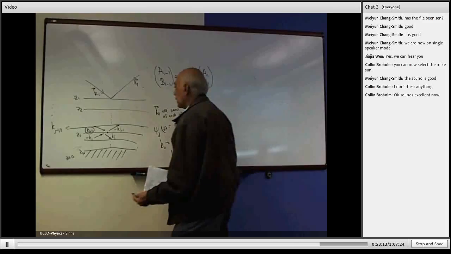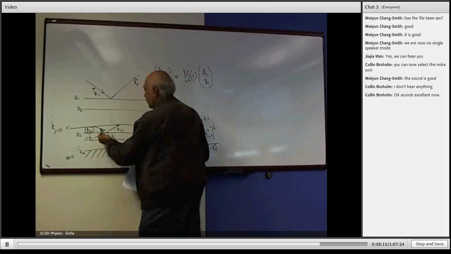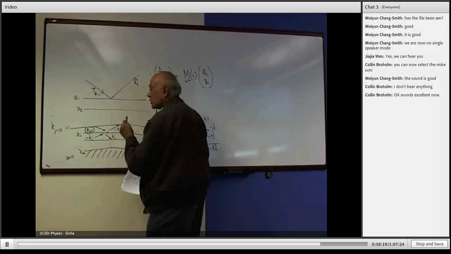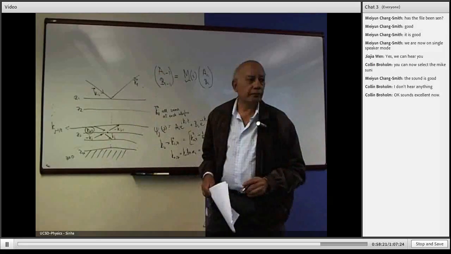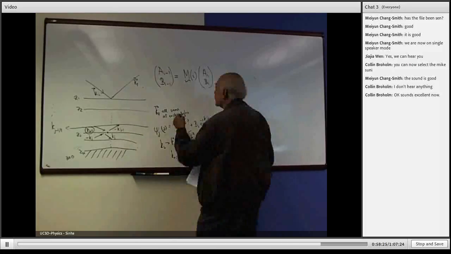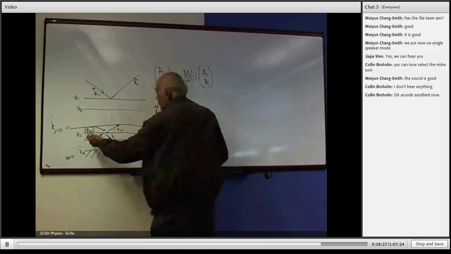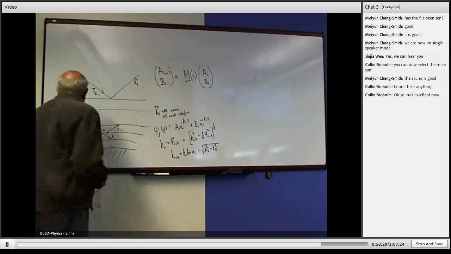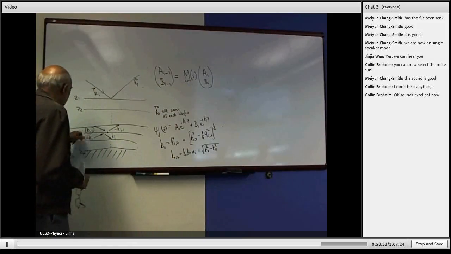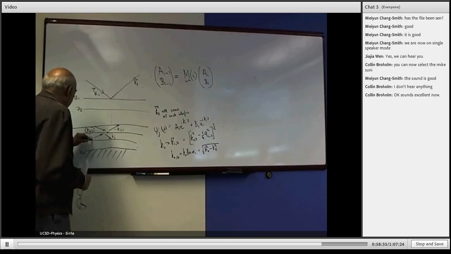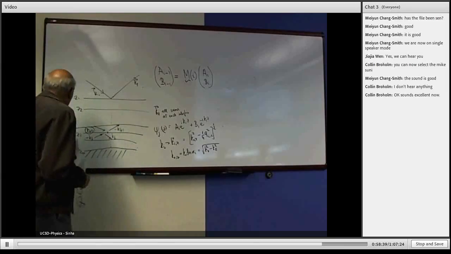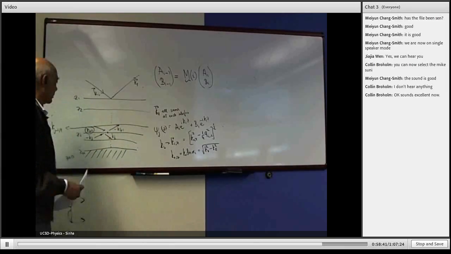So if you like, it's expressing the coefficients of this and this in terms of this and this by this matrix M. I could have chosen j here, but I've chosen i to illustrate. So these are i's, ki, and this is ki minus 1, and this is zi here at the interface.